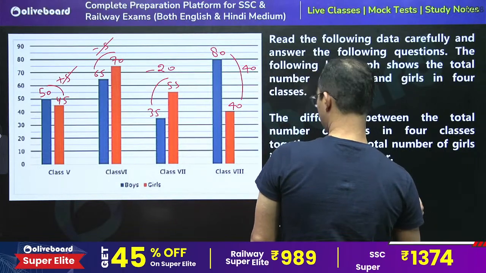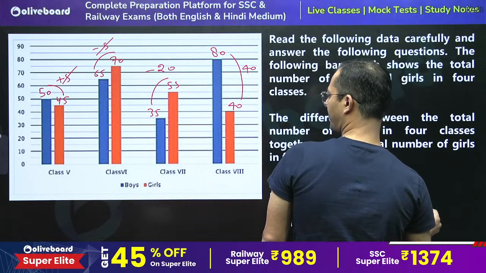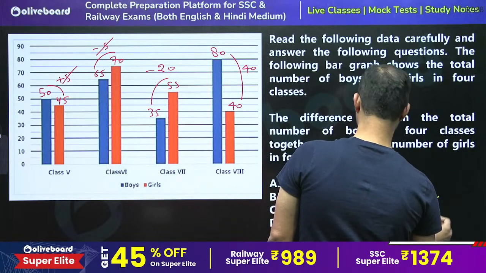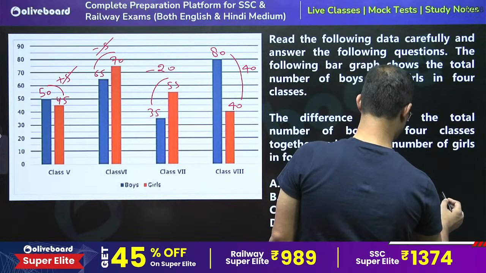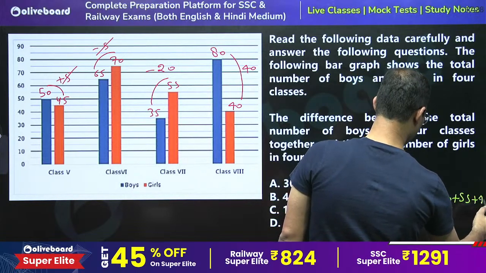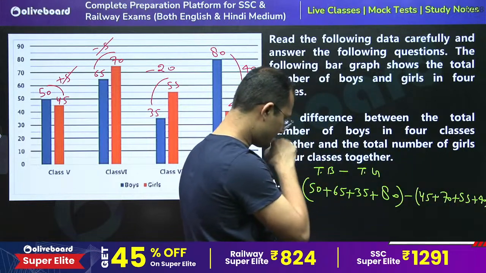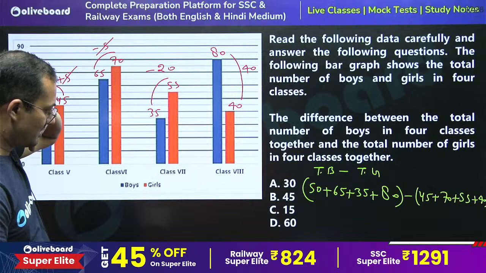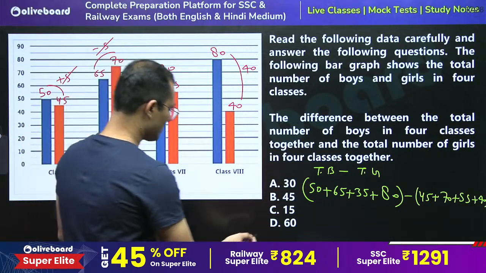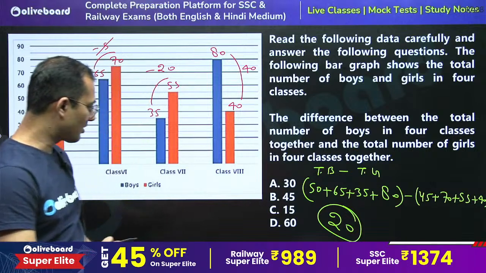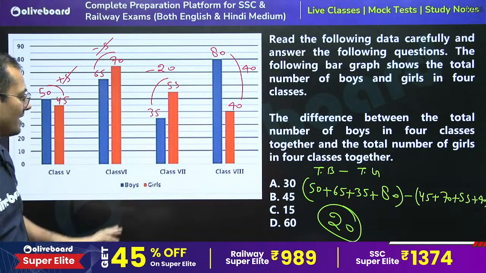Then minus, I calculated smartly, right? 70 plus 55 plus 40, right? So the answer must be 20, right? So there is a missing option. According to me, the answer is 20, okay?